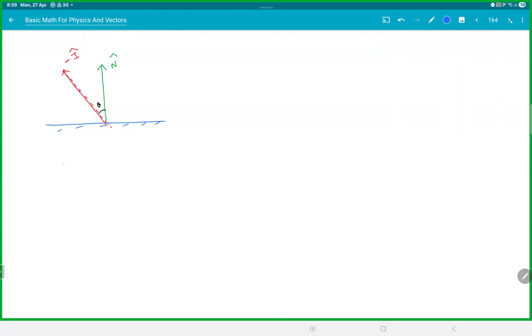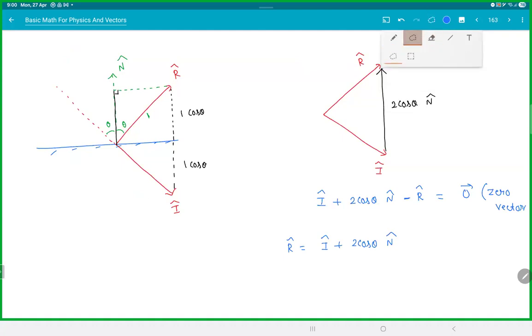Now, if I do the dot product, minus I cap dot n cap will be mod of minus I cap, mod of n cap, cos theta. Now, why am I doing this? To find cos theta. This would be minus I cap dot n cap, and this is 1 and 1, so this is cos theta. Getting back to this thing again, we have r cap is I cap plus 2 cos theta n cap.